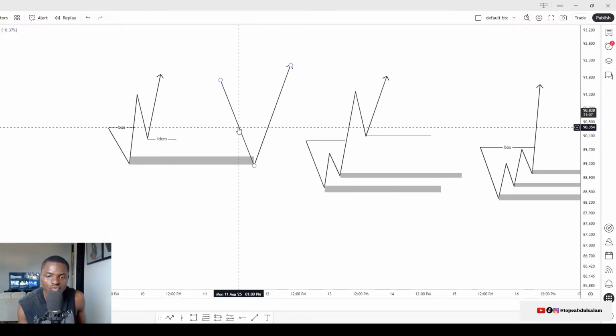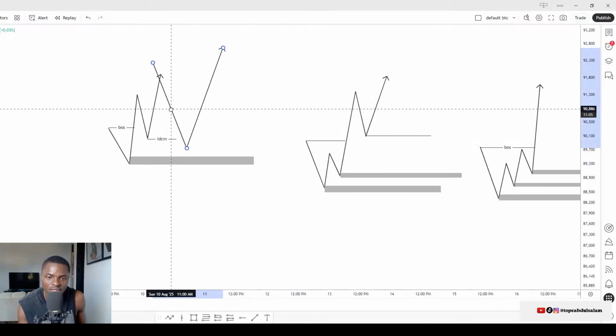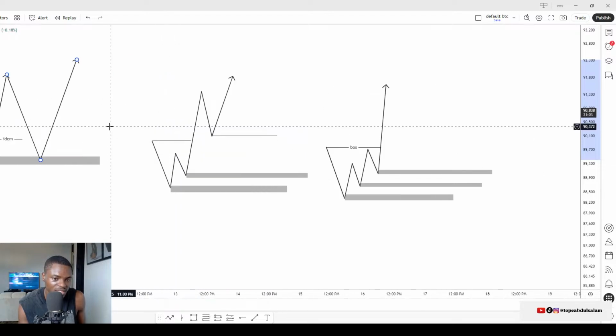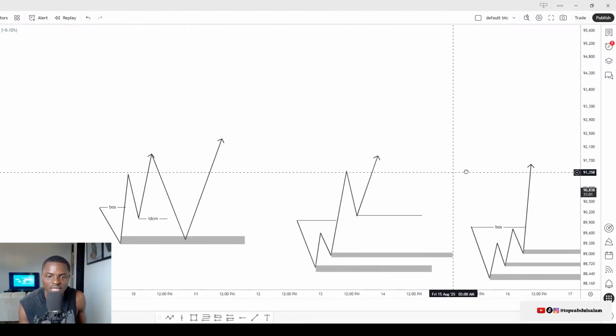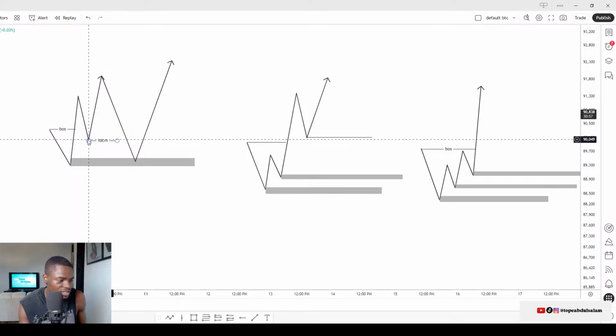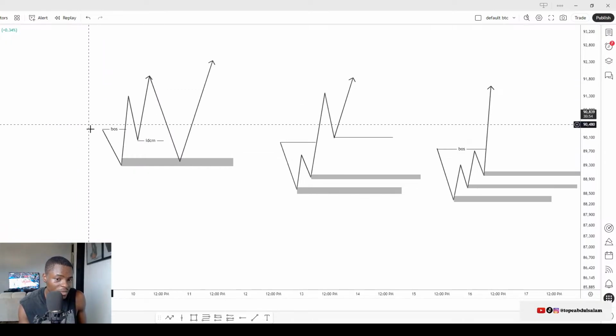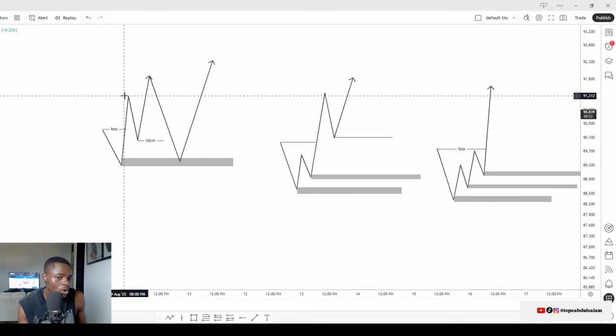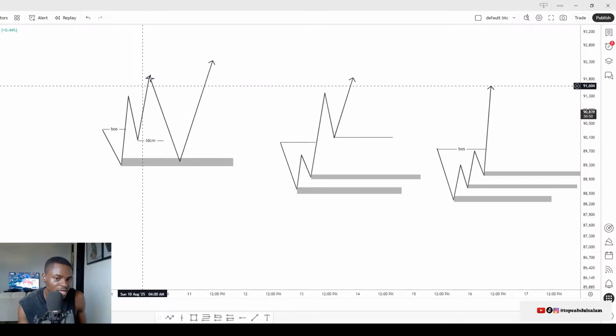The retail traders will be very excited, maybe they are waiting for a bullish confirmation, and the market has started buying from here. So they will wait and jump on this break here, anticipating that the market will not come back.